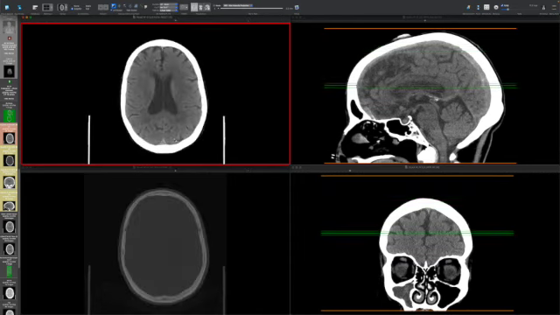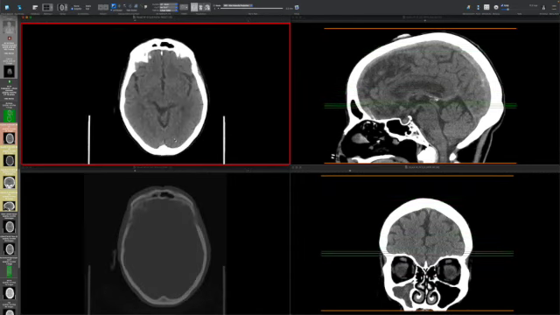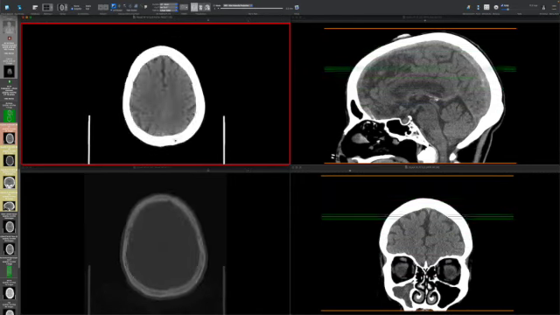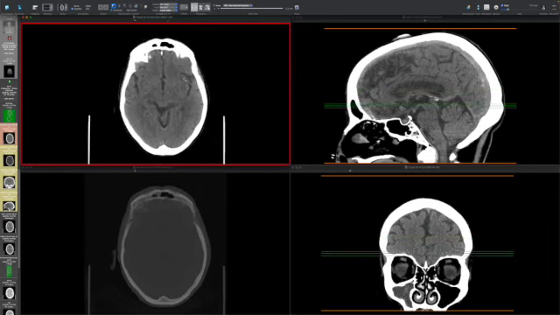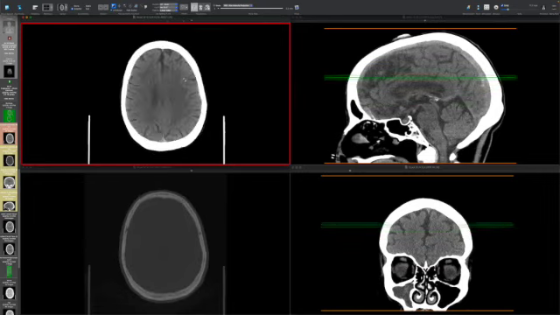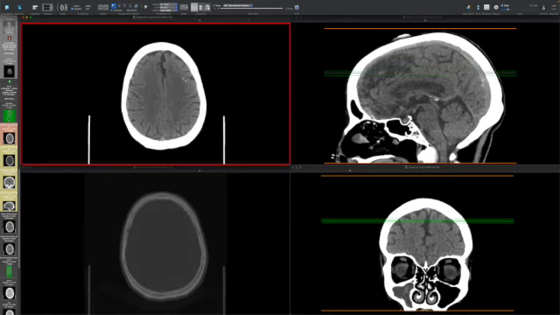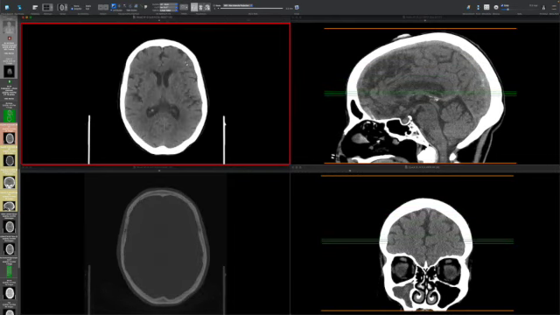There aren't any masses or fluid collections in the brain. Masses or fluid collections can be in the brain parenchyma, which we call intraaxial, or they can be outside the brain, which we call extraaxial.